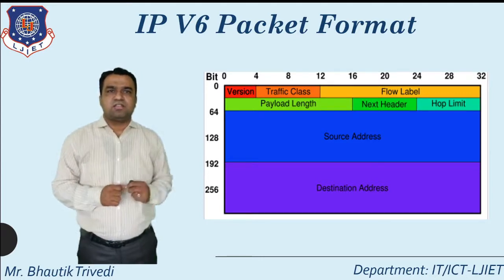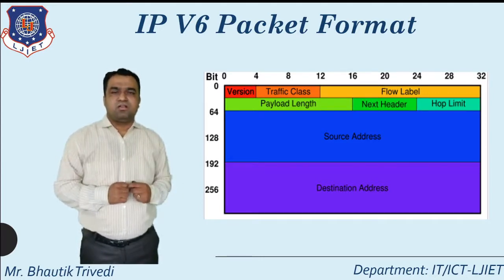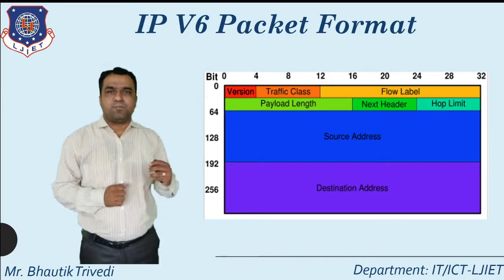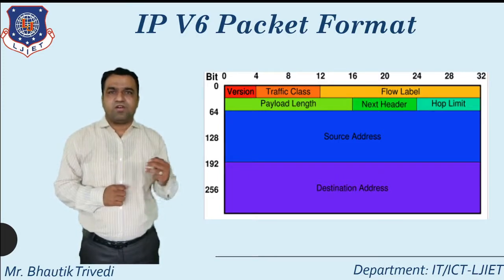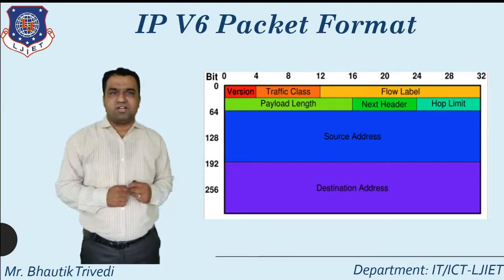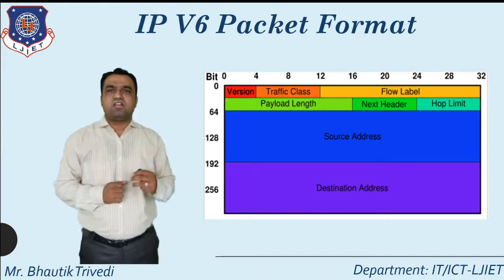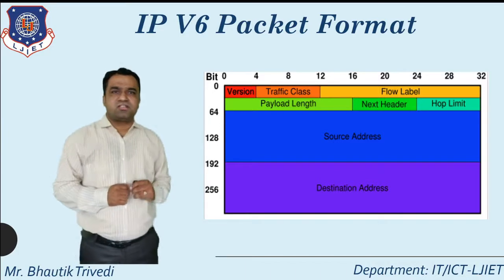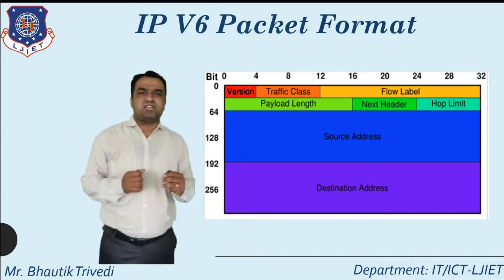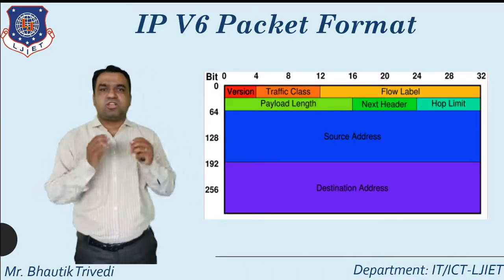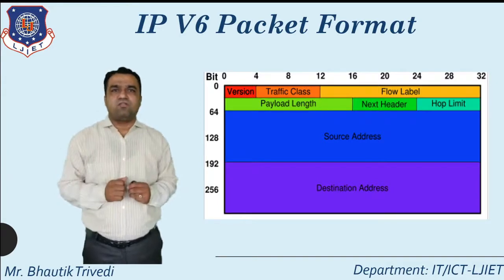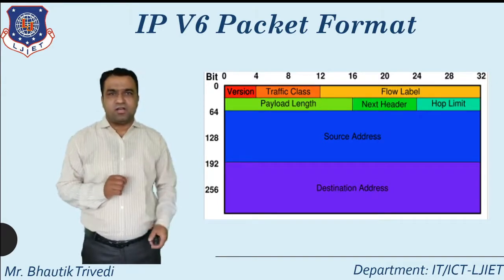Field number 3 is the flow label. Field number 4 is the payload length. Field number 5 is the next header. Field number 6 is the hop limit. Field number 7 is the source address. And field number 8 is the destination address. So in total, 8 fields are part of the IPv6 packet format.